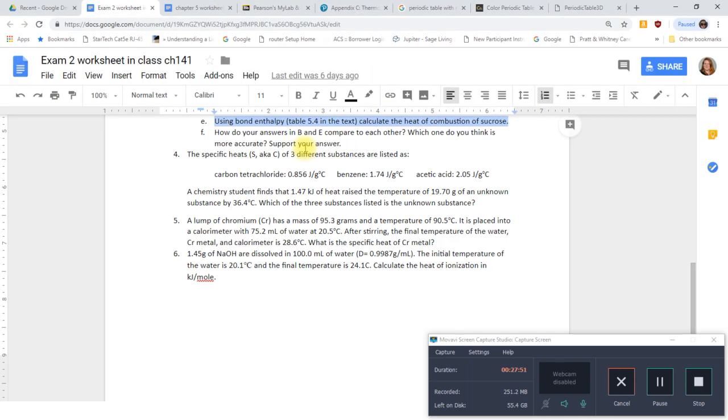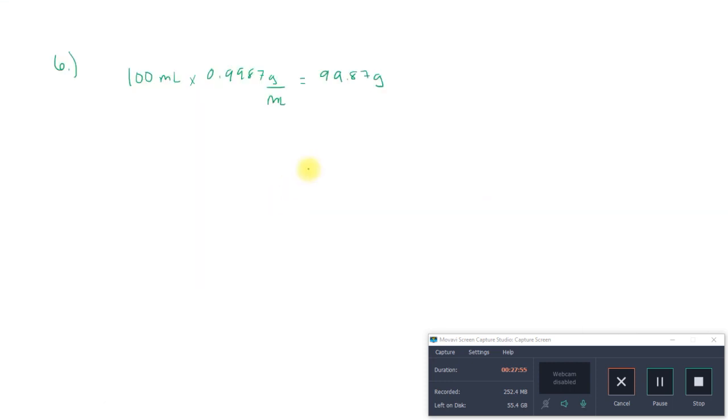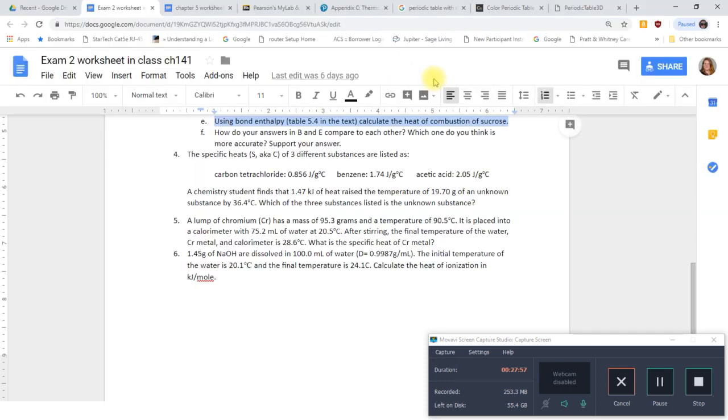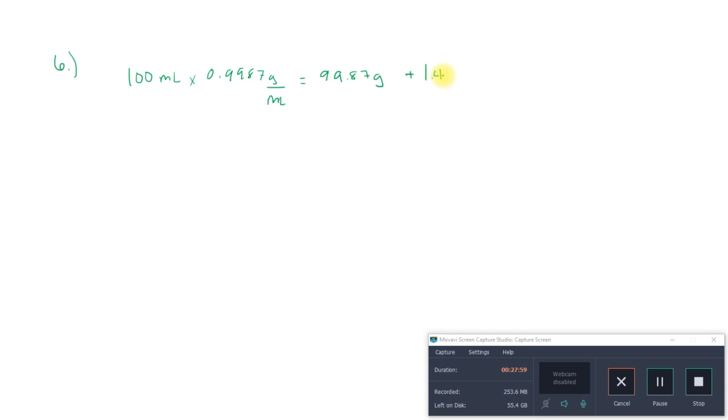And then I need to know the mass of the entire reaction, so I'm going to take that and add the weight of the NaOH, 1.45, and that'll be the weight of our total solution, so that's going to equal M. So the mass here is going to be 101.32 grams. Okay.